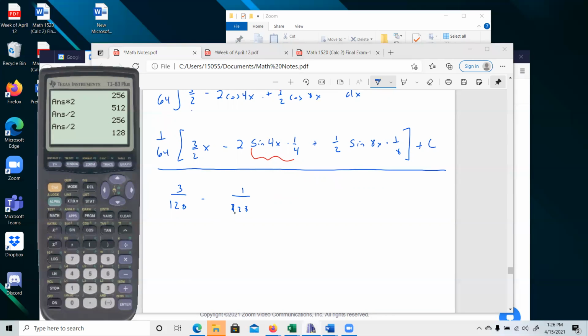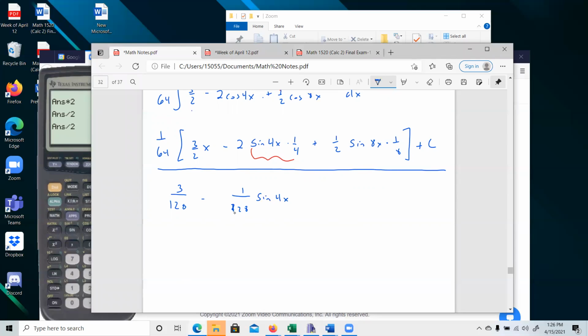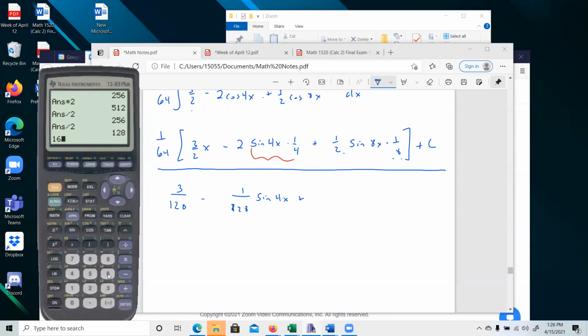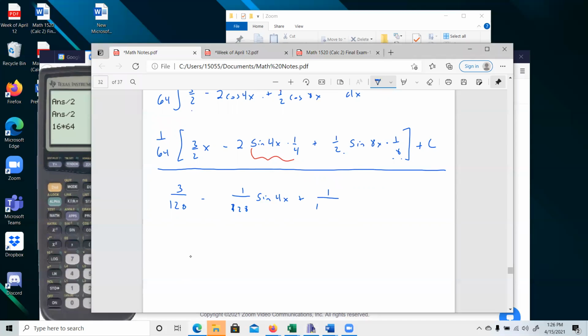So 1 over 128 sine 4x, and then plus, we've got 16 times 64, and what do we end up with? 1024. So we have 1 over 1024 sine 8x plus c.